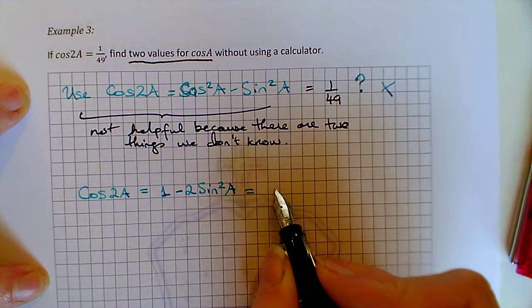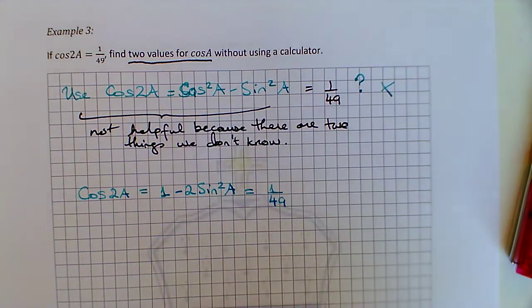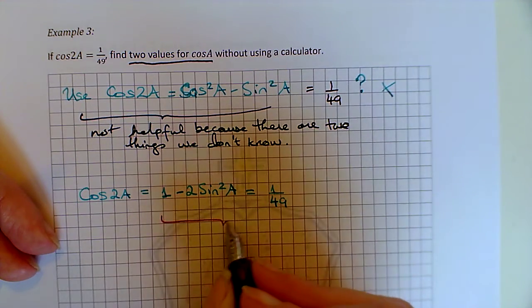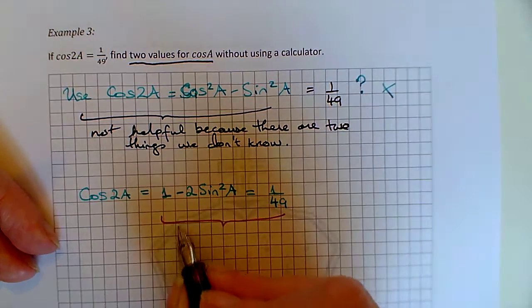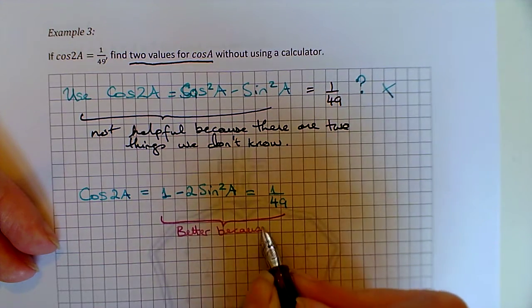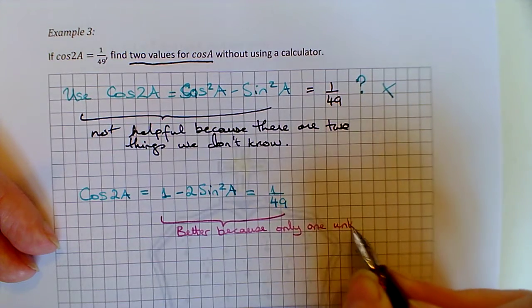And that can be equal to 1 over 49. And why is this better? Because we only have one thing we don't know. So this is better because there's only one unknown.